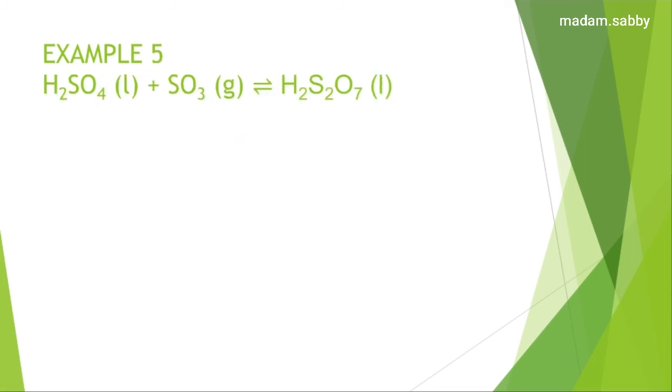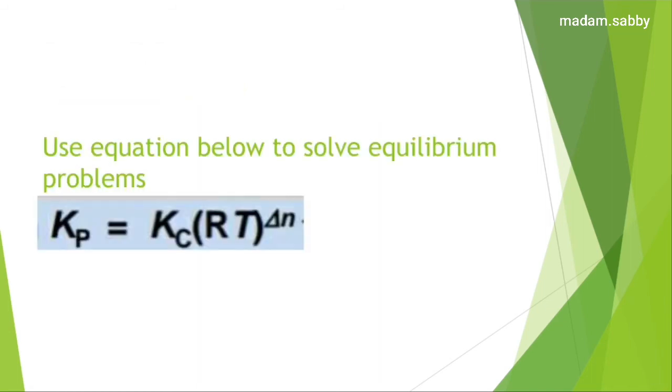Example 5, the final one, is actually just the same as your example 3, so just rewrite the answers. Now how are we going to relate your Kc expression to Kp to solve equilibrium problems? It involves a long derivation on how Kp can be written in terms of Kc.